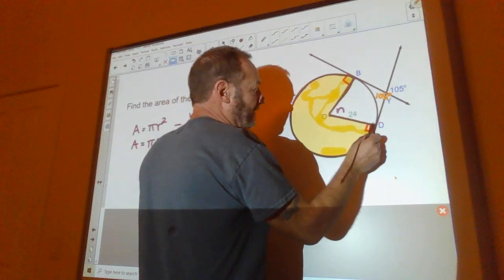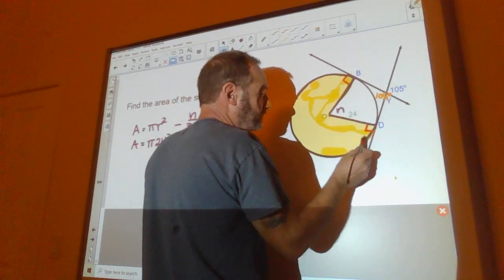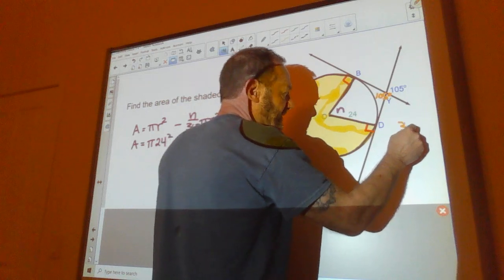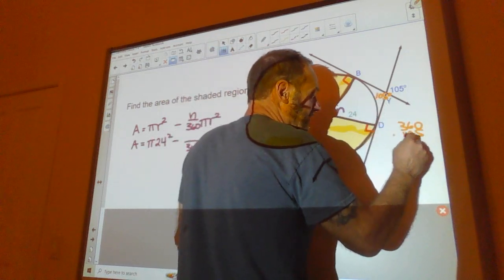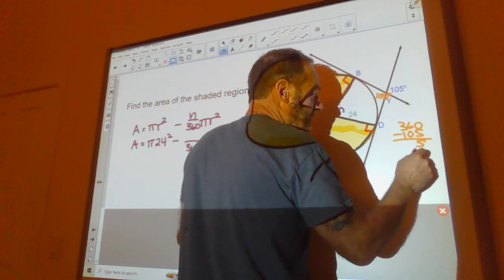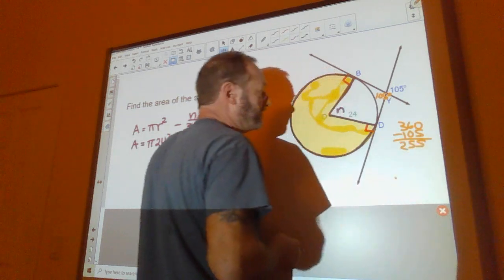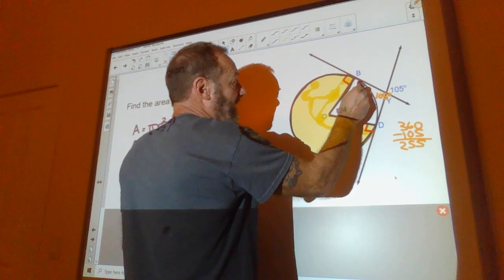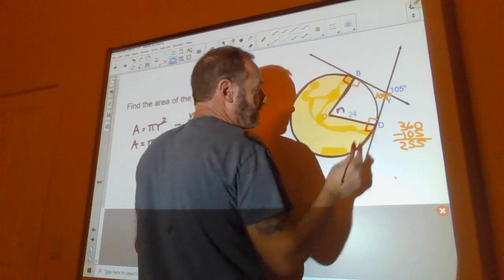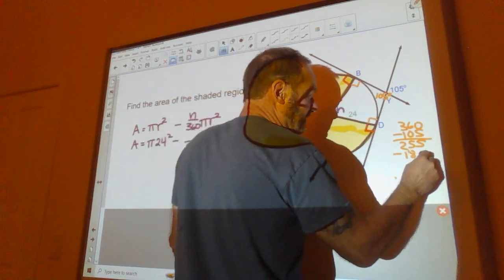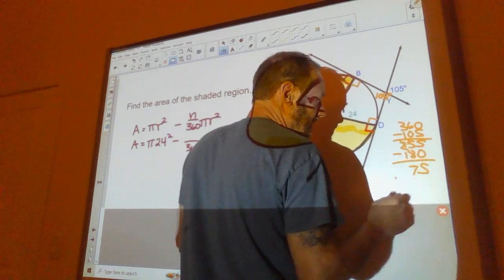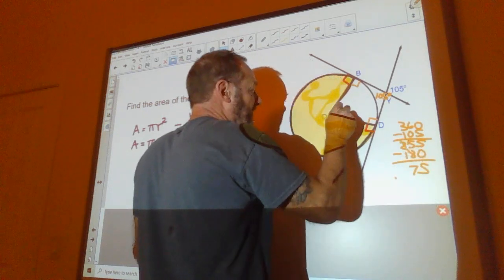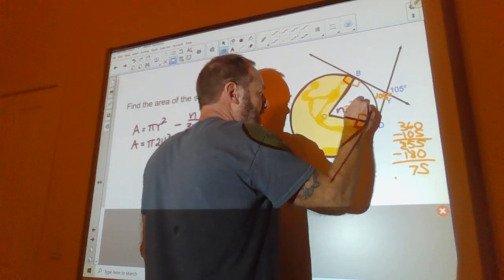Now I've got a quadrilateral right here, which has 360 degrees in it. 105 of them are right there, so let's take those out. That's 255 left. Now, if this is 90, this side over here is 90, and the same thing over here. So that's 180 degrees I'm going to take out. That leaves 75 degrees, and that goes right there.